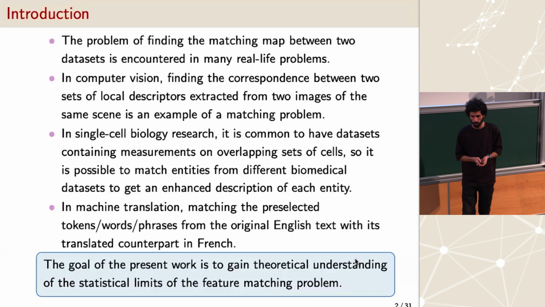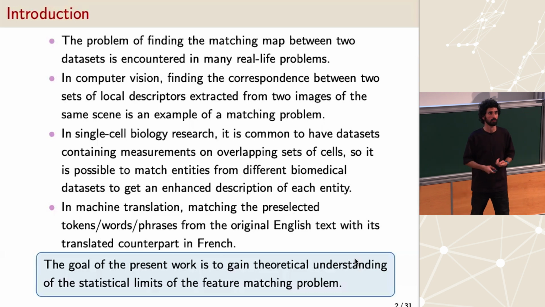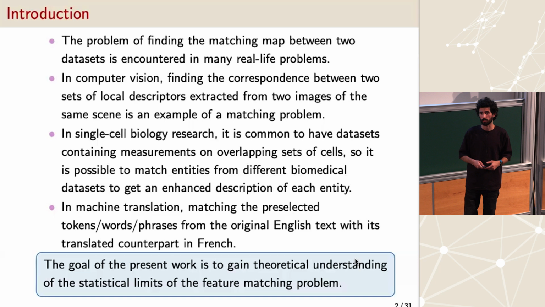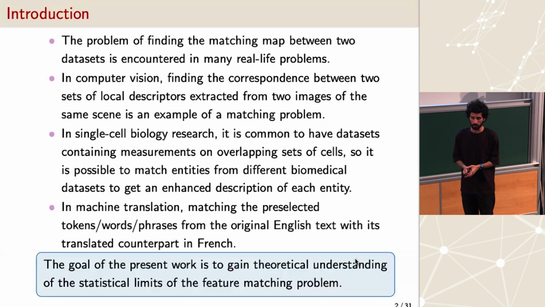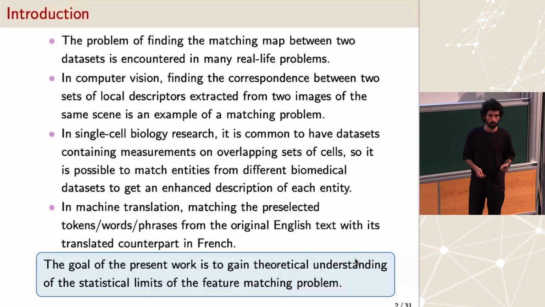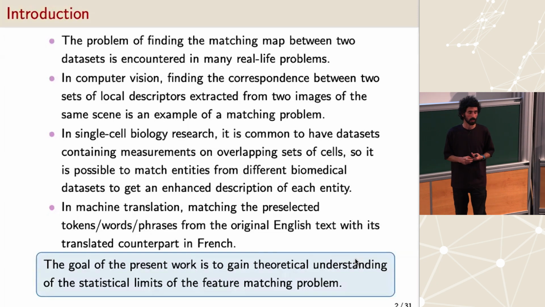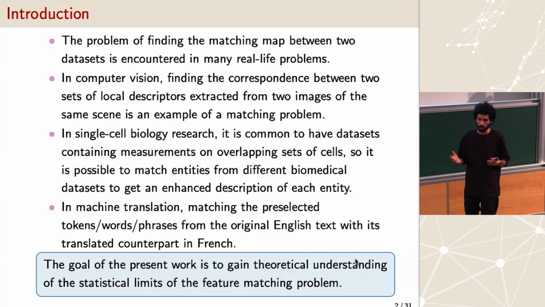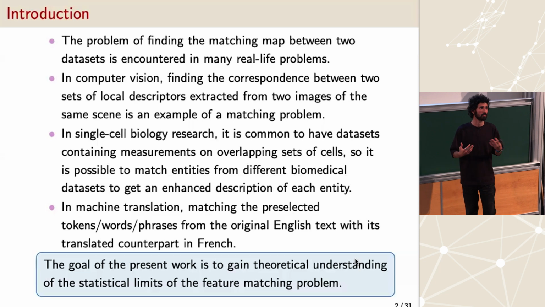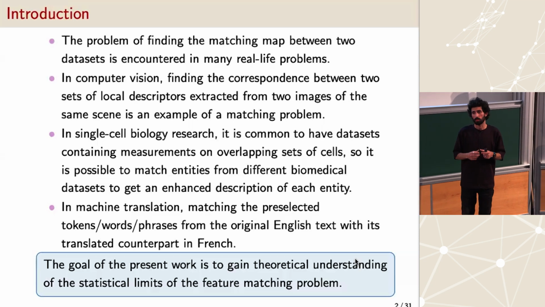Another example that could be of interest, especially nowadays with large language models and translations becoming very feasible: imagine two texts, one in English, one in French, one is the translation of the other, and we want to match the words, tokens, or phrases, or maybe paragraphs, depending on our interests, to see which part corresponds to which.